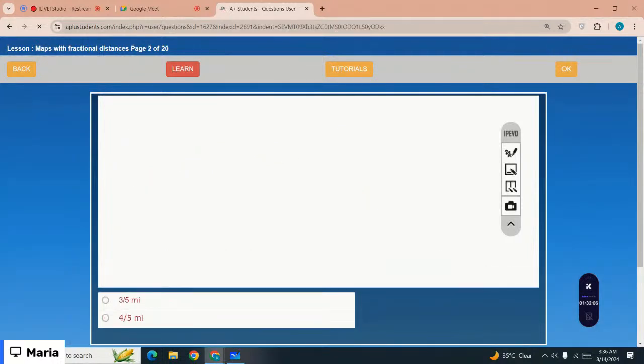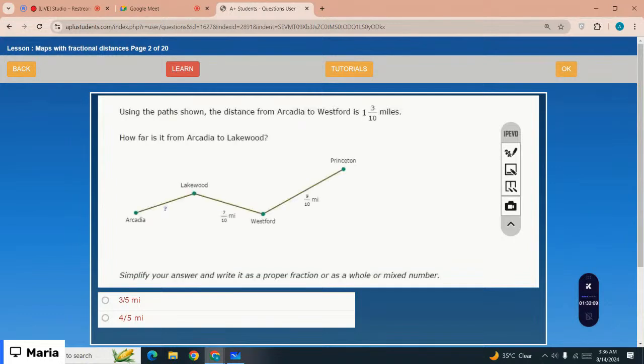Okay, the next one is use the path shown. The distance from Arcadia to Westford is 1 whole 3 by 10. How far is it from Arcadia to Lakewood? Okay, so Arcadia to Westford, right? That means the total distance is given, the sum of the distances, and you need to find the other.